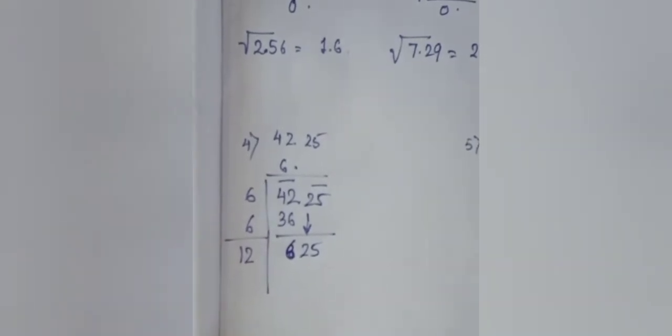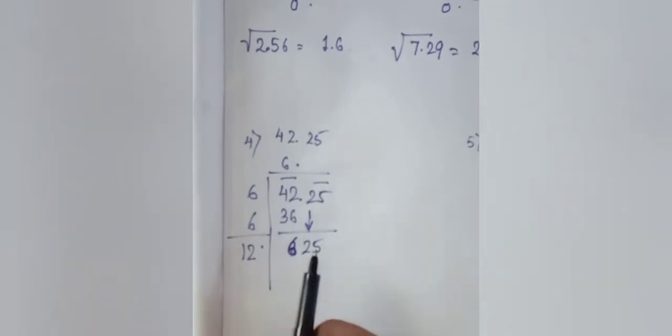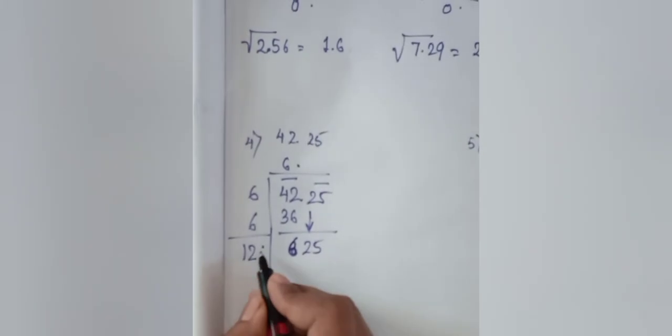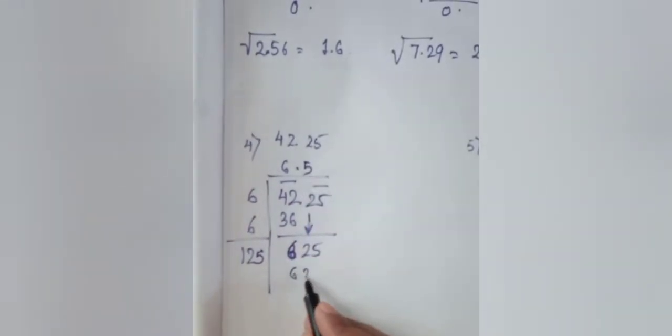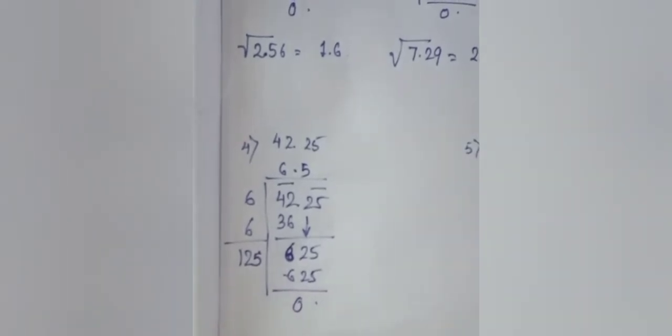So the square number ending with 5 is 5, so we will take 125 into 5. So write 5 along with 12, and 5 in the quotient, so 625. Subtracting, we get remainder 0, so we can say that the square root of 42.25 is 6.5.